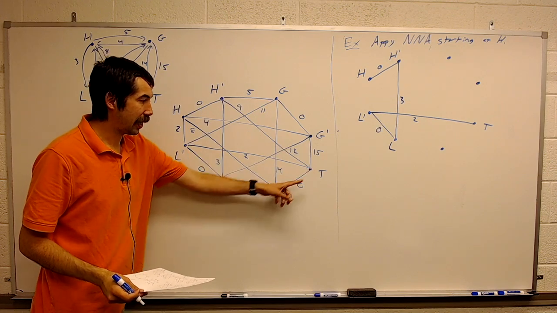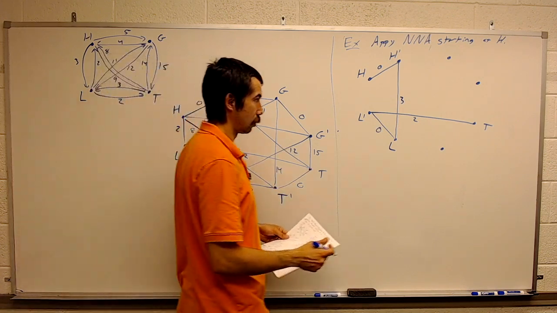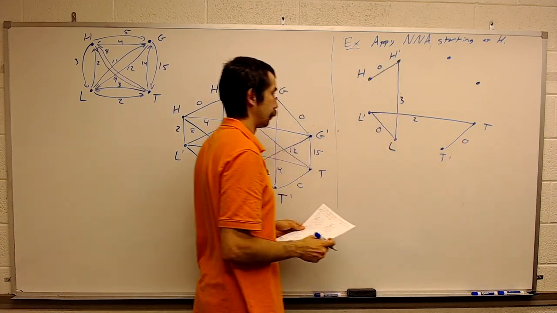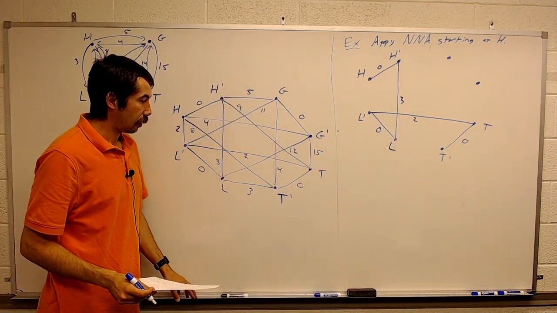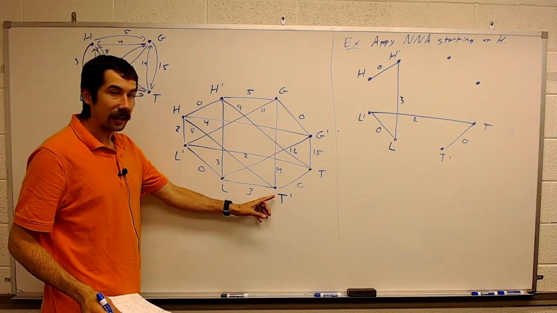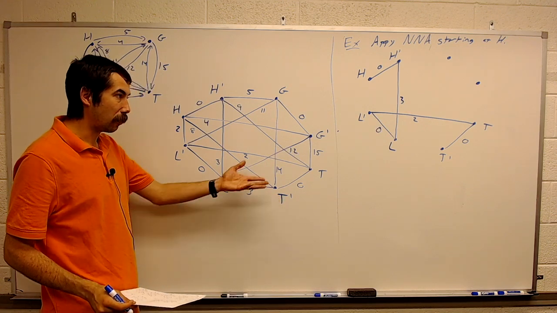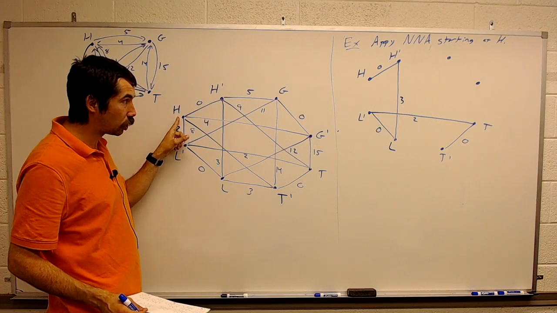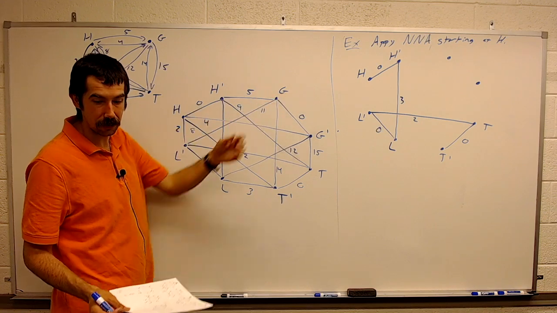What's the nearest neighbor to T? Is of course T prime. What's the nearest neighbor to T prime? Well, we would like to go to L, but we can't do that one. We would like to go to H, but again, we can't do that one because it would close off the cycle too soon.